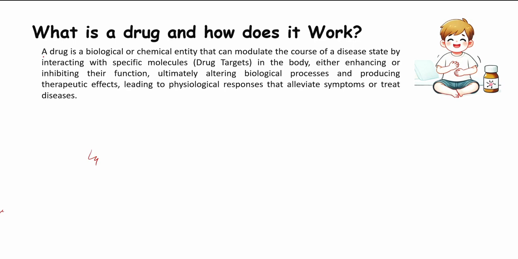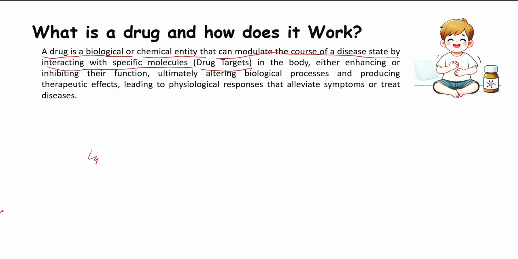A drug is a biological or chemical entity that can modulate the course of a disease state by interacting with specific molecules called the drug target in the body, either enhancing or inhibiting their function, ultimately altering biological processes and producing therapeutic effects, leading to physiological responses that alleviate the symptoms or treat the disease.